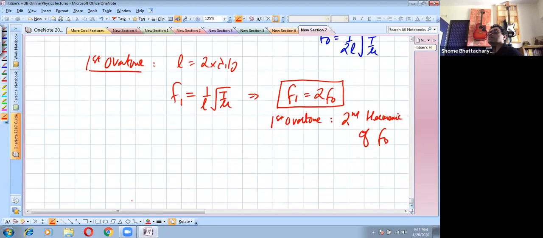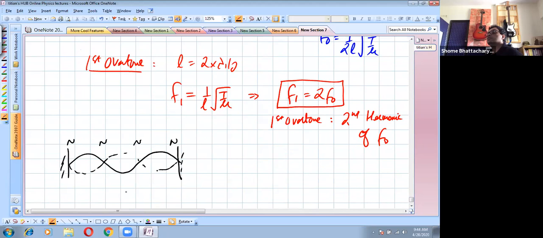So like that, for example, the second overtone mode will look something like this. The boundary points become third consecutive nodes.